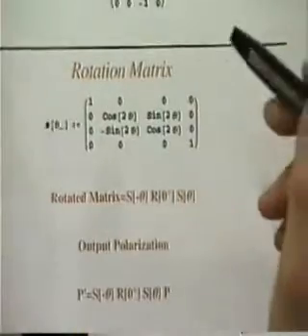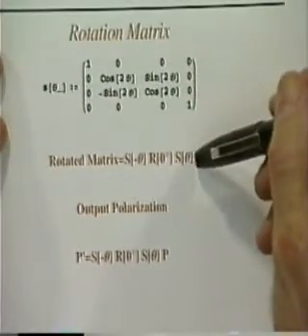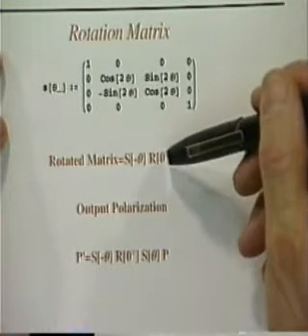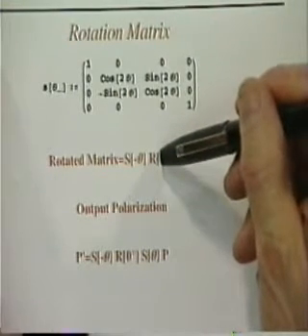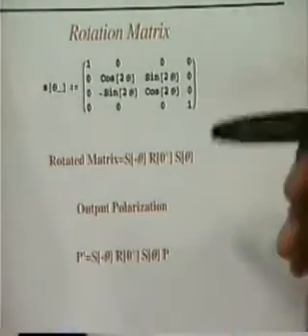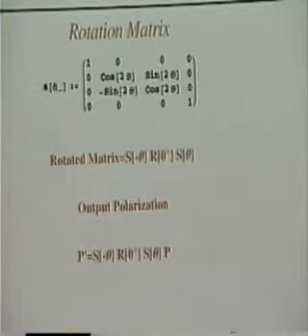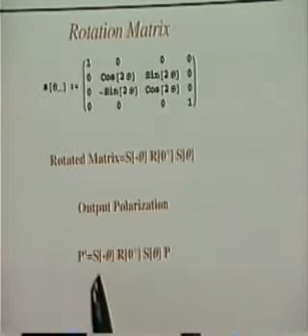And they work pretty much the same way that we used them in Jones calculus: you first rotate, multiply by the matrix for your element, and then you unrotate. It's a little more work because it's 4 by 4 instead of 2 by 2, but if you do it on the computer, it's no more work really, except you might have to type more numbers in.